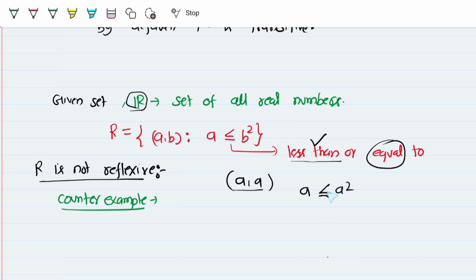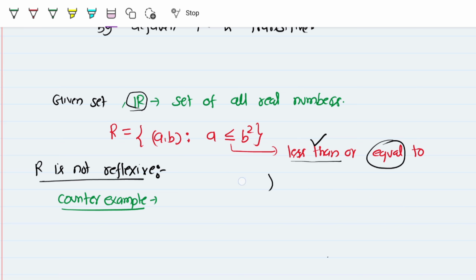Which real number will not follow this? This is a real number and this is the square of the real number. In general, the square of a number is usually bigger than the given number, except when your real number is less than 1. We are looking for such a real number where a is greater than a square.